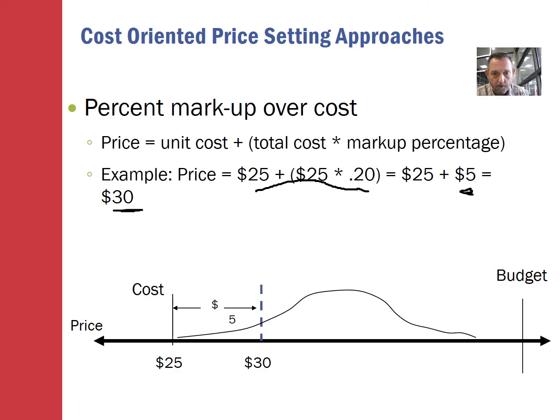Again, we're marking this up a certain amount. In the last case, we said we wanted a $10 return or profit, so we had a $35 price. In this case, we want a 20% return, and so that would mean we mark up $5 and we'd have a $30 price.